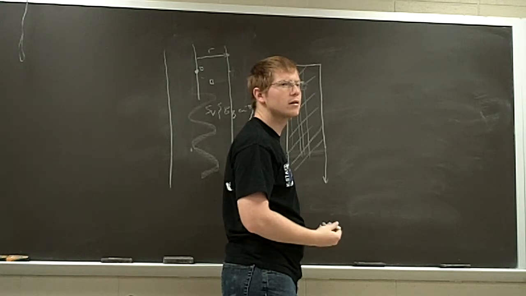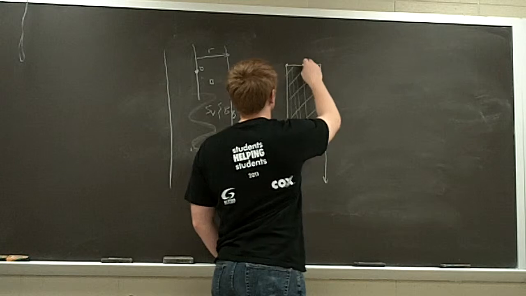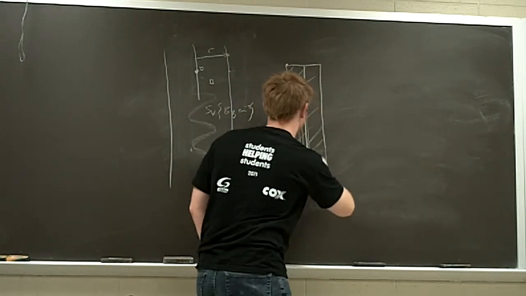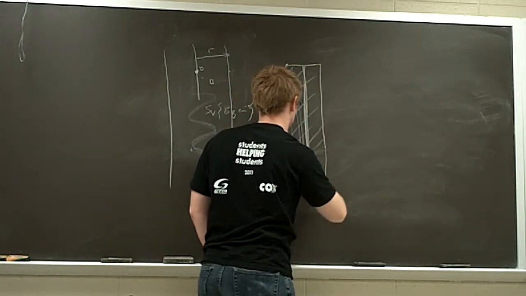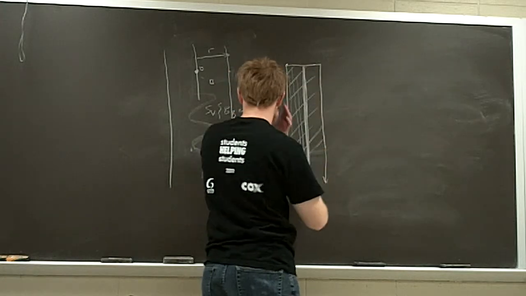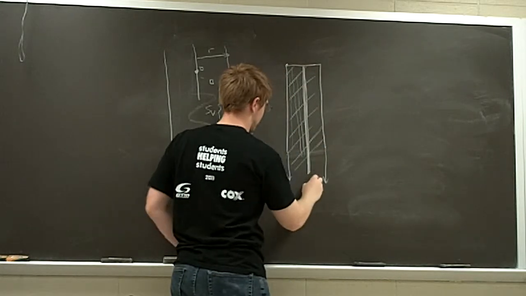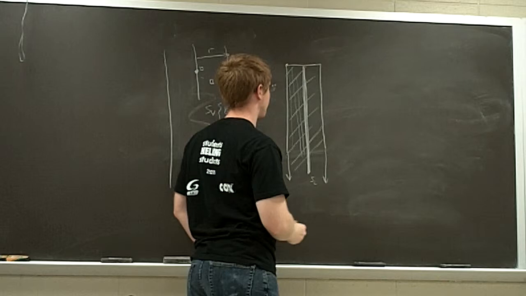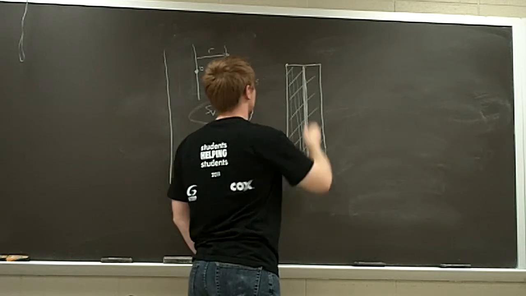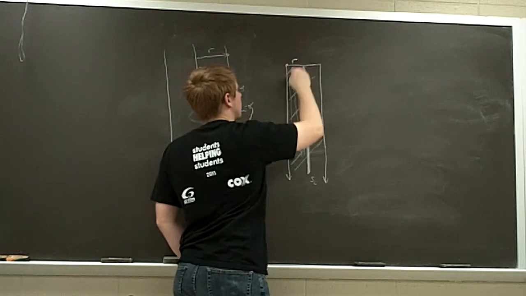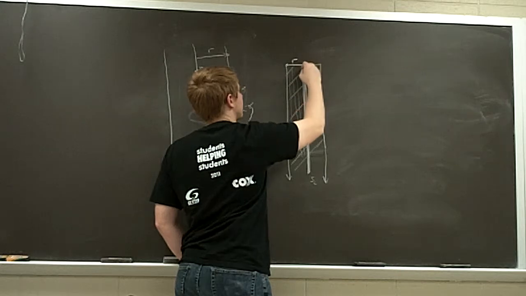That's okay. So let's say for a line source right here, well, let's just give it S_L. I don't know what S_L is, but it's gonna be something. This is R out to here.